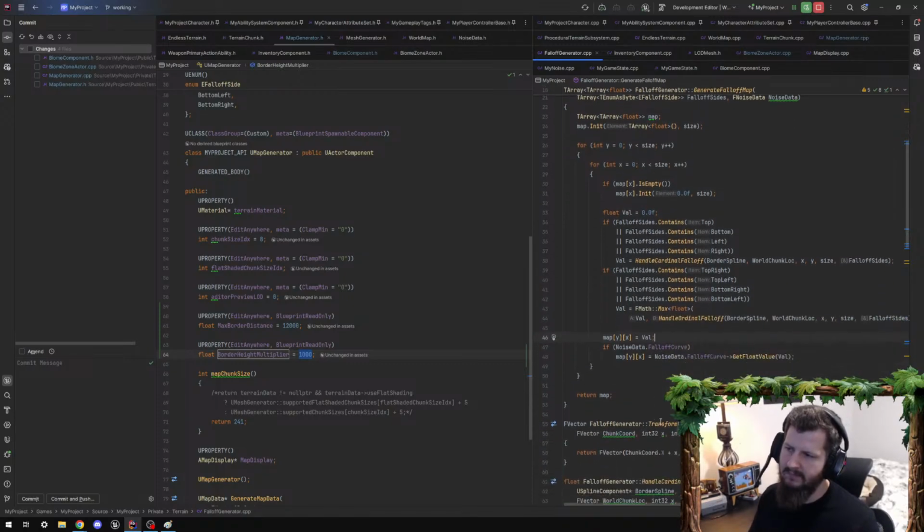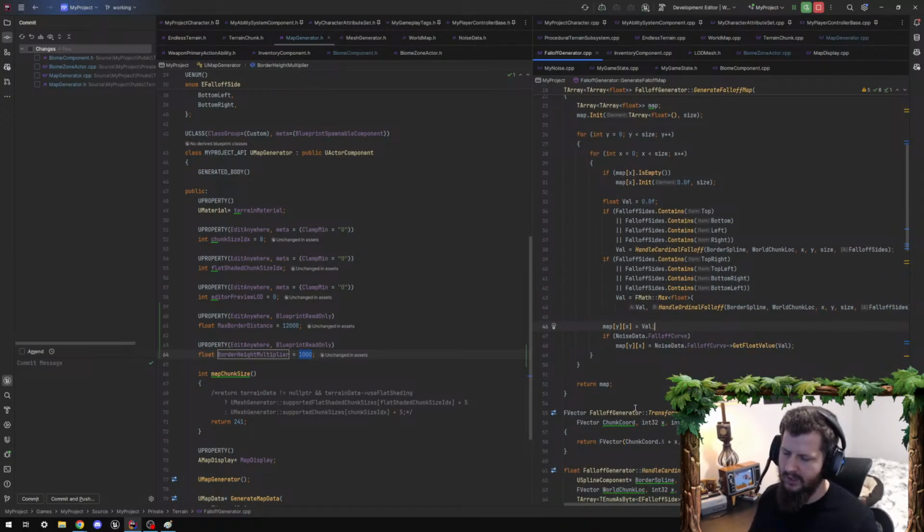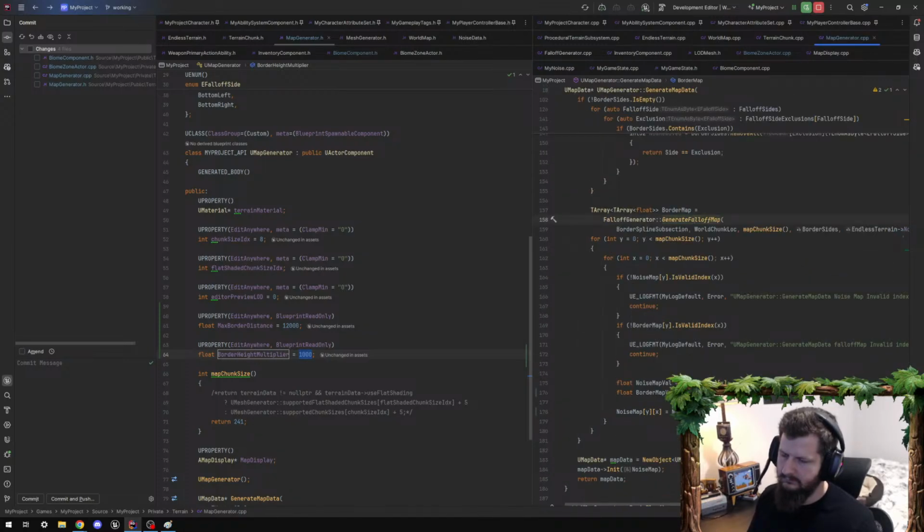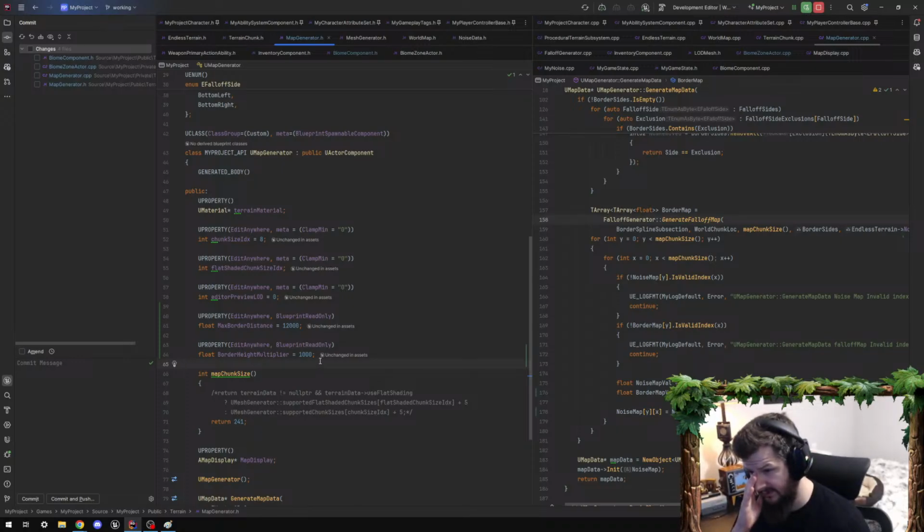So I think maybe the max was 12,000, which is quite large. That's quite tall. And so the border height multiplier may be something like, I have 2.5, let's just do 5. Do I just multiply? We'll do 5 first.